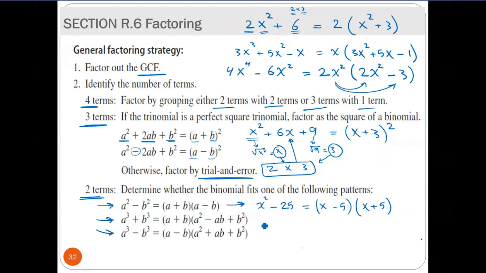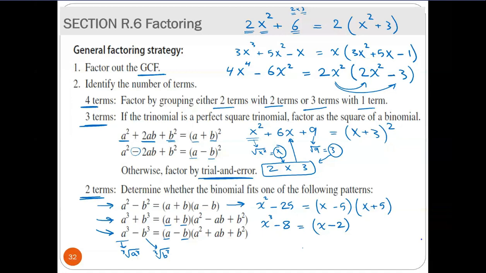For example, if we have x to the power 3 minus 8, this equals x minus 2 times the second bracket, following a plus b or a minus b, and we take the cube roots of a to the power 3 and b to the power 3.